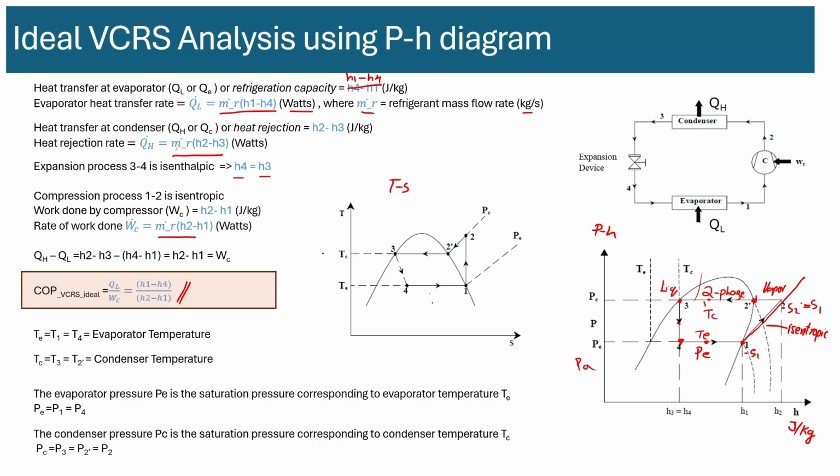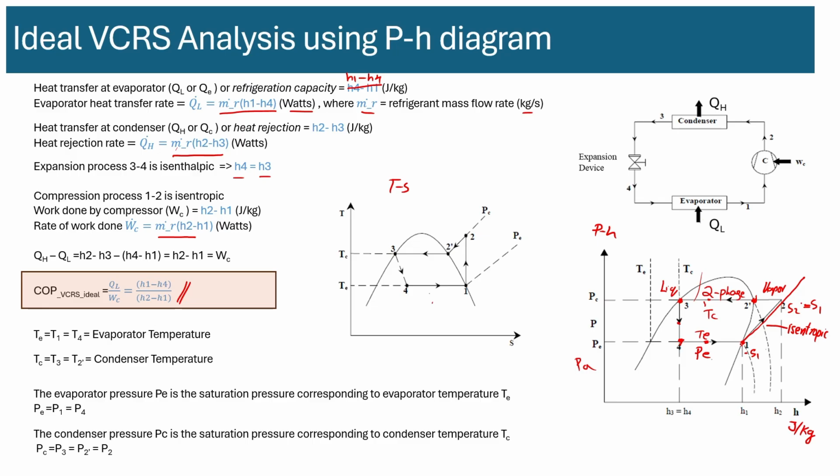Okay, so if you have a VCRS cycle, the best efficiency it can get is basically based on this ideal condition. And the things that make it ideal are, one, the isentropic compression process, 1 to 2. Two, the exit of the condenser is exactly on the saturation line.